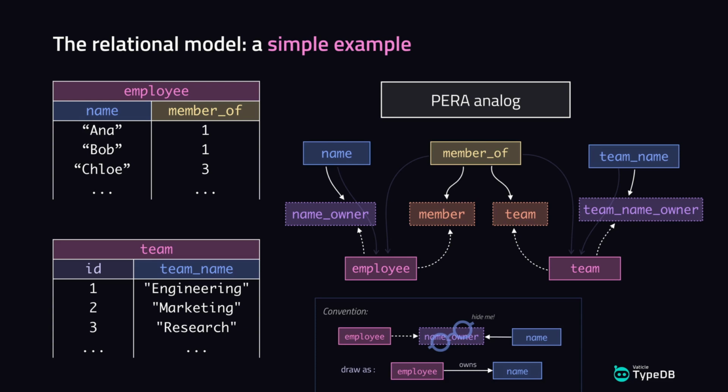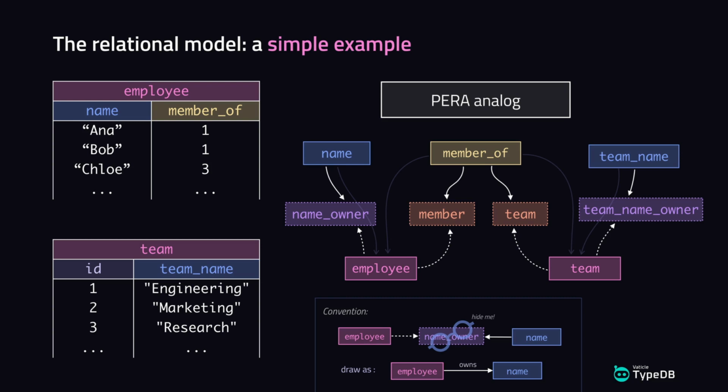At this point, I want to introduce a small convention, namely, so far I've always carried around the ownerships of attributes. Given that these ownerships are uniquely associated to the attributes, that's of course not strictly necessary, even though it's illustrative to think about an employee casting into a name owner that a name can then depend on. But usually we actually do not draw this interface.